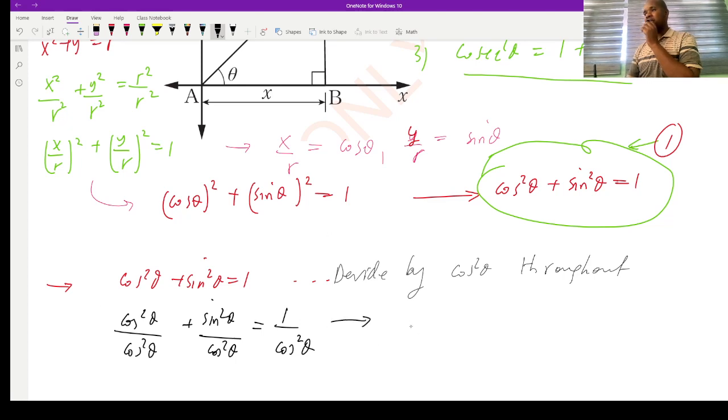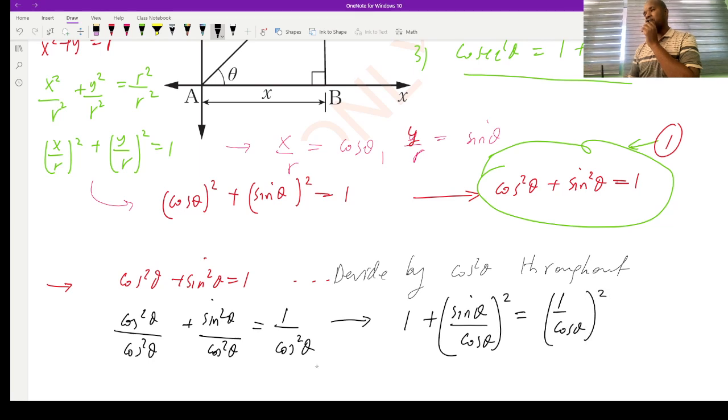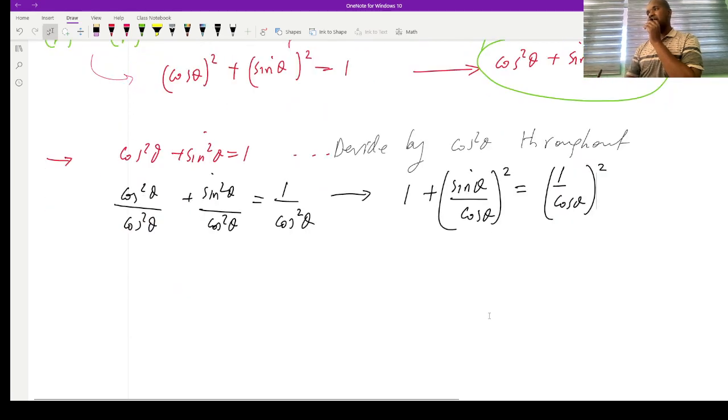When you see this, you have now 1 plus (sine theta over cosine theta) square, and this is going to be (1 over cosine theta) square, yes students. And we know sine theta over cosine theta is tan theta. So this is tan theta already, and this is sec theta, of course.